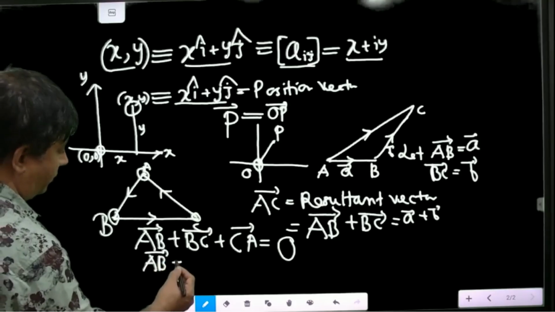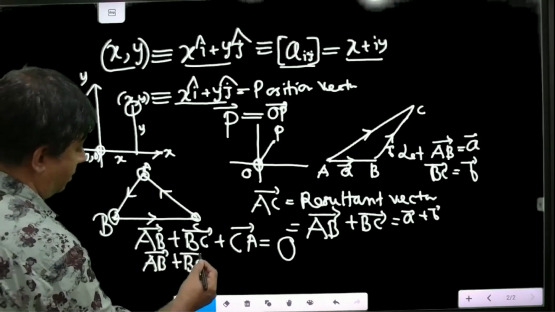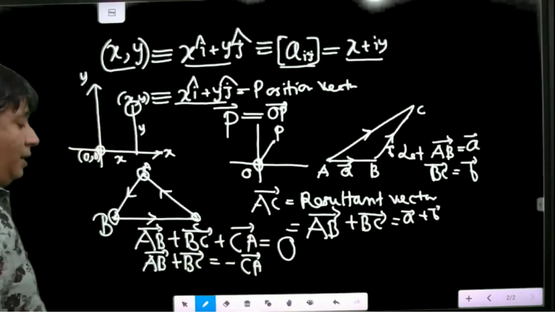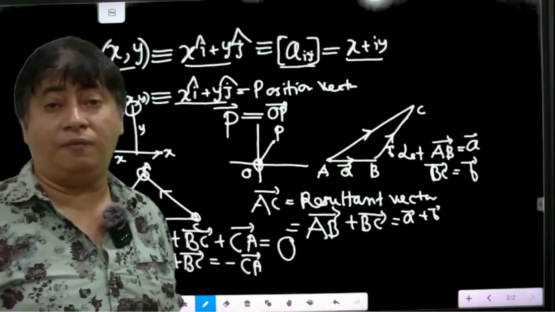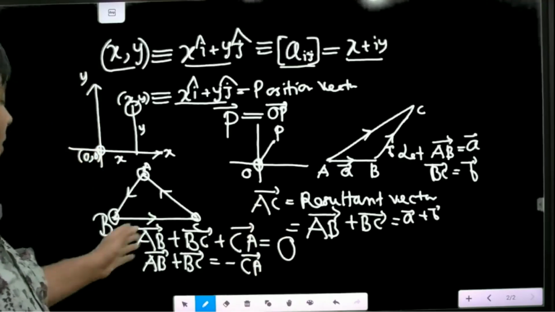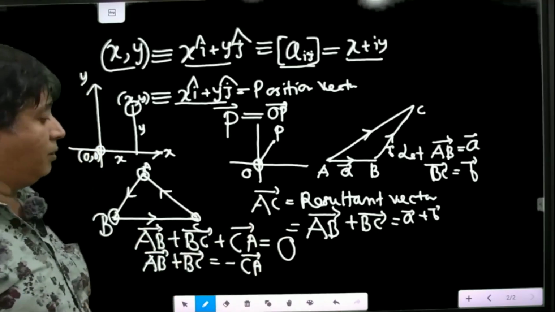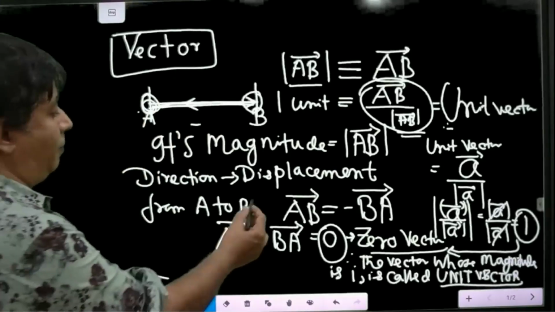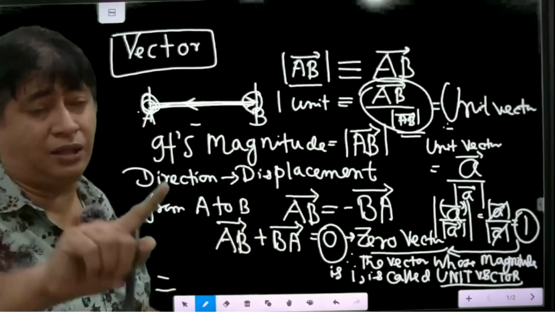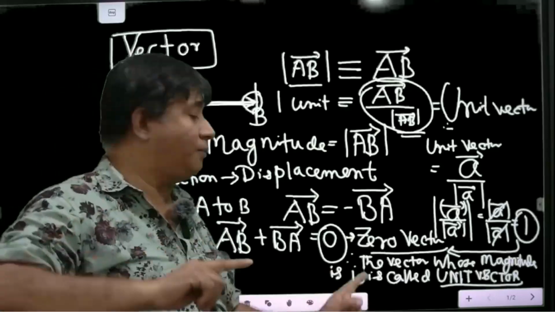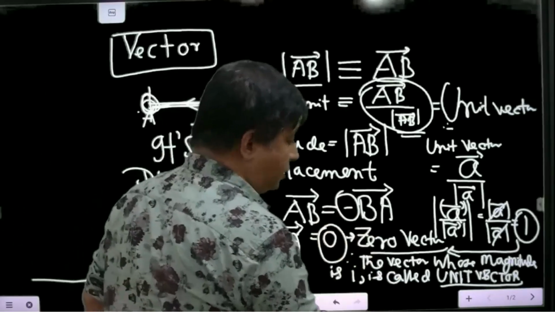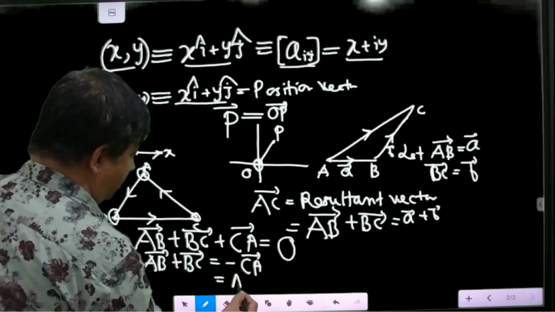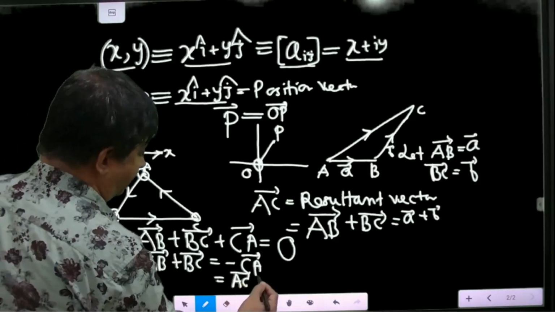AB plus BC will be minus CA if I change the sign of one of these three vectors. So, what about minus CA? Few minutes back we got AB and BA are the same by magnitude, but they differ by a minus sign. So, I can write AC.